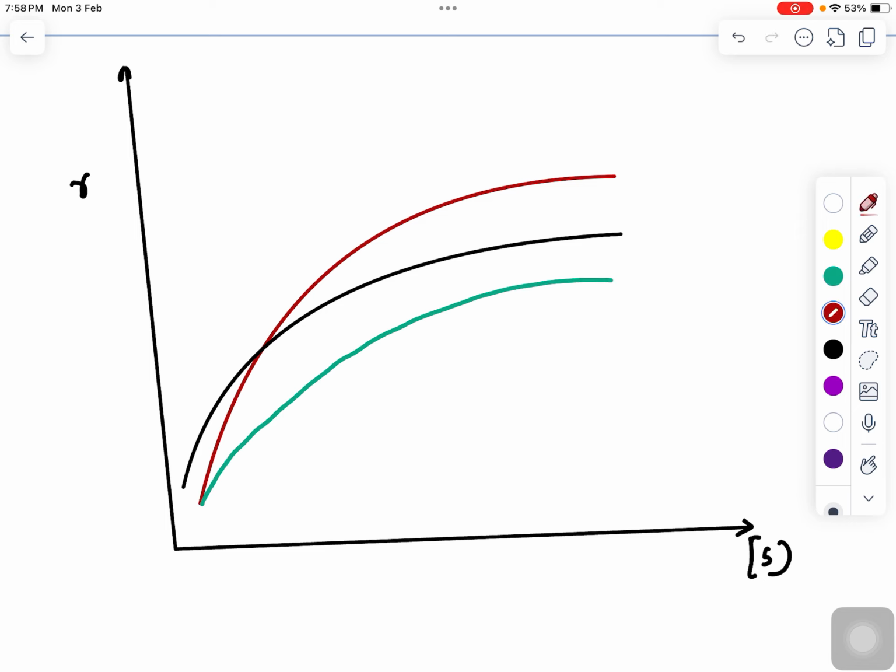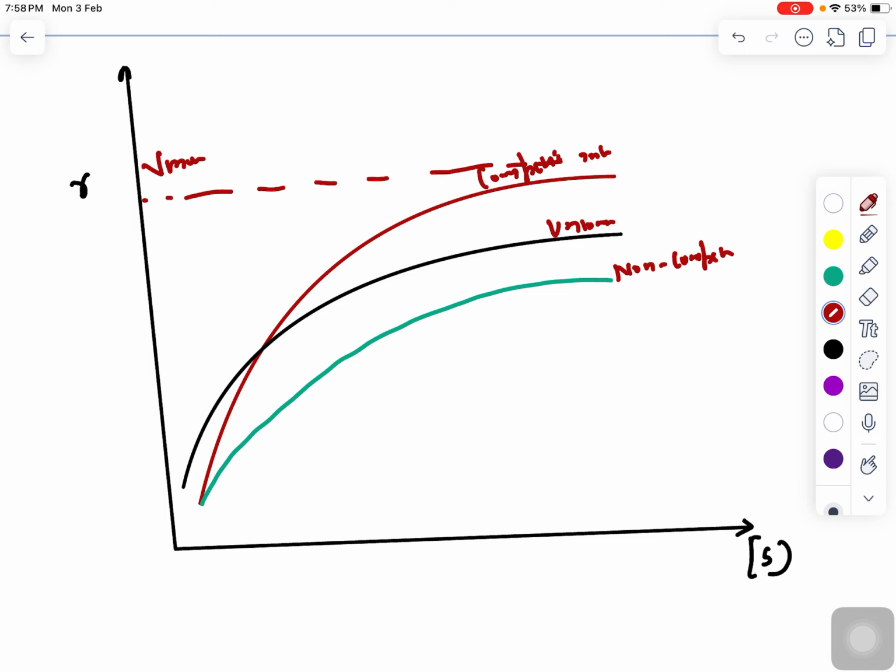So if you want to understand this curve, this will be your competitive inhibition, this one is your uncompetitive inhibition, and this is your non-competitive. So from here, this one is your Vmax. Is that clear?